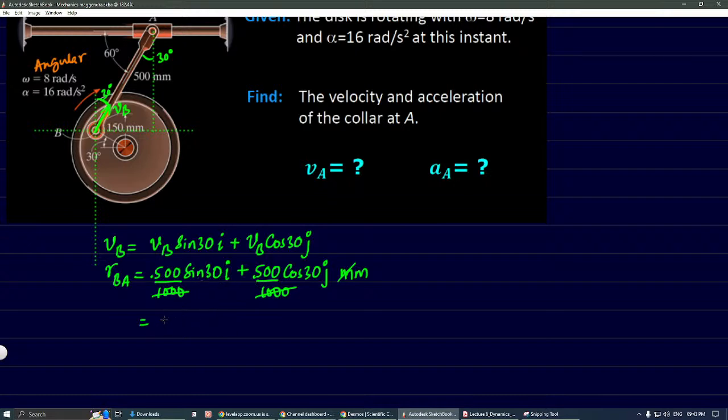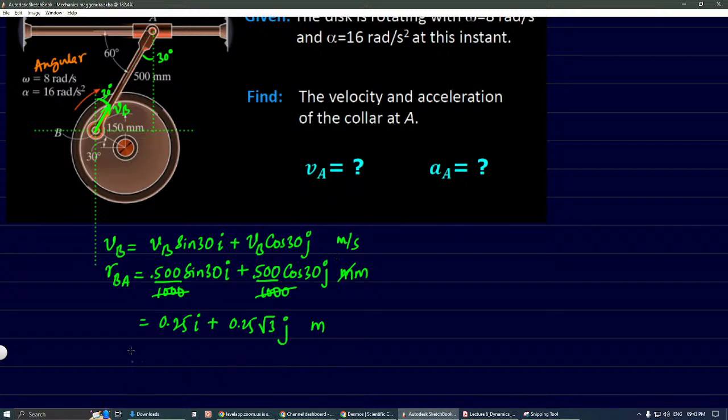Sine 30 is again 0.5. 0.5 into 0.5 is 0.25 i, plus 0.25 times root 3 j. This is in meters. Here, this is in meters per second.